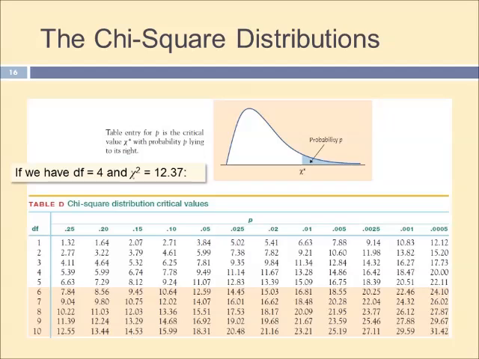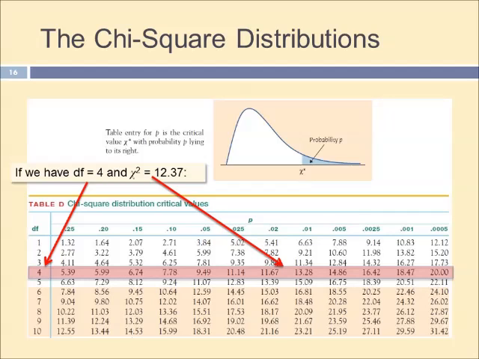For example, suppose we have 4 degrees of freedom and our chi-square value is 12.37. To estimate the p-value, we locate row 4 with degrees of freedom 4, and then find the value as close as we can to the chi-square statistic 12.37. Here it falls between these two values, so we say that p is less than 0.02 and greater than 0.01.